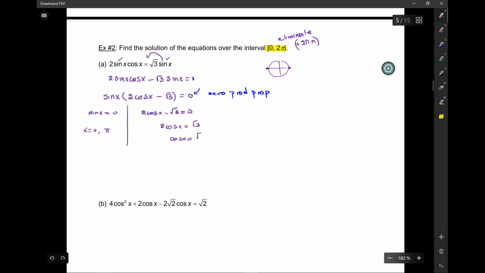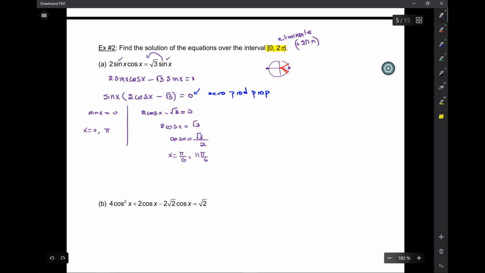Cosine of x is root 3 over 2. Another special angle that we know. So now, where is cosine of x positive root 3 over 2? In this quadrant and in this quadrant. Those are the pi over 6's. So x is pi over 6 and 11 pi over 6.